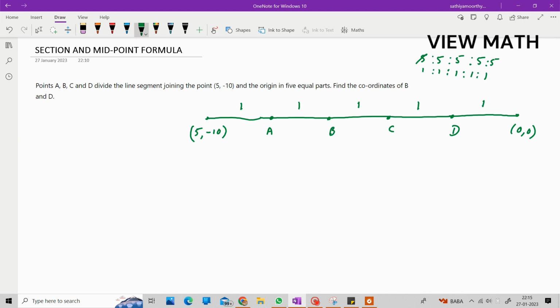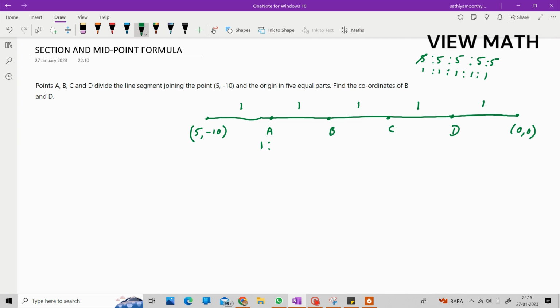Now the point A, it is being divided into 5 equal parts. So at the point A, what will be the ratio? m1 is to m2 is, the left side of A is 1 part, and the other side of A, from here to the end point, is 1 plus 1 plus 1 plus 1, that is 1, 2, 3, 4.